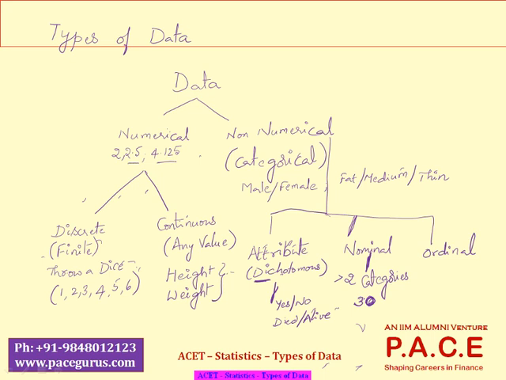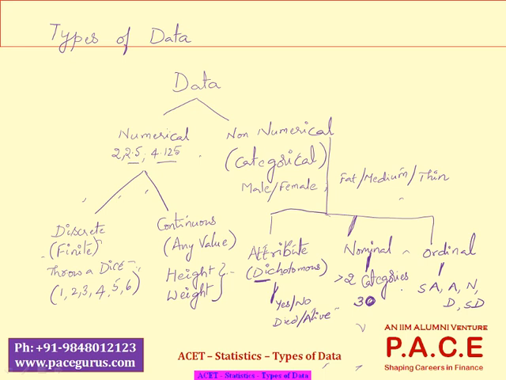Whereas if I have an order in the categorization, for example, strongly agree, agree, neutral, disagree, strongly disagree. What we are seeing is an order of importance, high, medium, low, where the values of that particular variable show some kind of ascending or descending order.